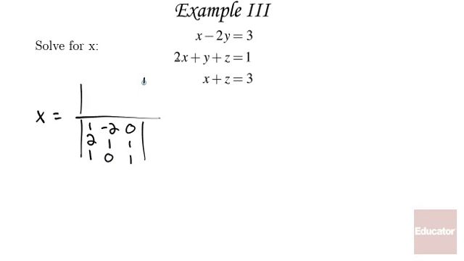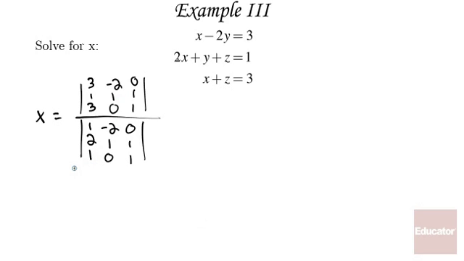All right, now I'm looking for x. The first column represents the x coefficients. I'm going to hold on to that thought for a second, and I'm just going to copy over the other 2 columns because I'm not messing with those. I'm going to replace this first column with the constants, 3, 1, 3. Now that I've set this up, I've got to find a third order determinant in the numerator and the denominator.